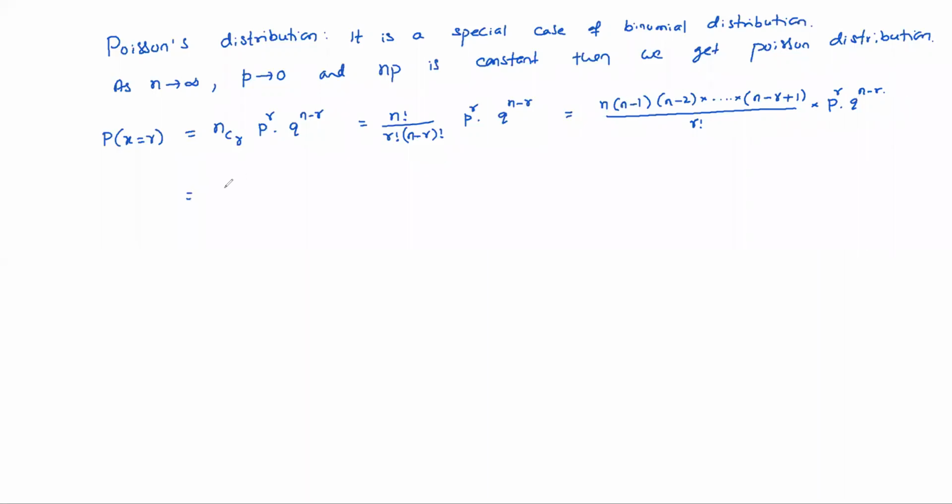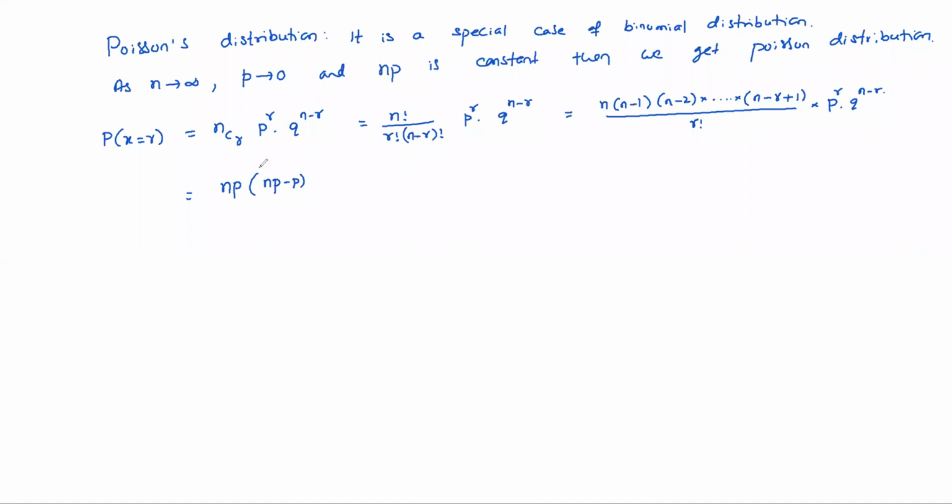So that can be written as, see, p to the power of R is there, which means p into p into p, R times.